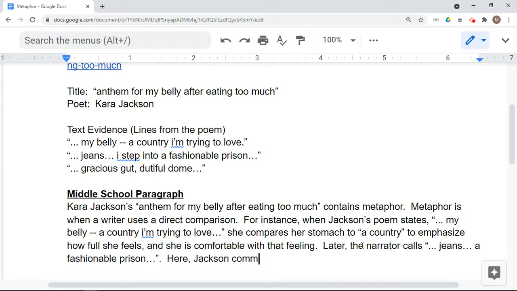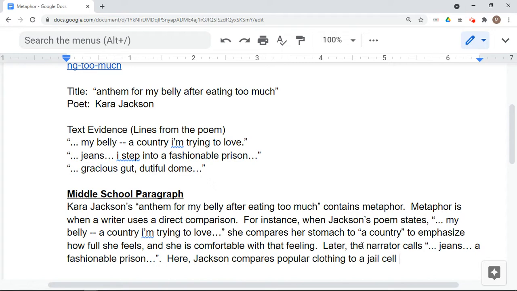Here, Jackson compares popular clothing to, and it's interesting again, this comparison, a fashionable prison, compares popular clothing to a jail cell. Now, why she does this, we'll go into this in the high school paragraph, and we'll elaborate on that. Later, Jackson compares popular clothing to a jail cell.